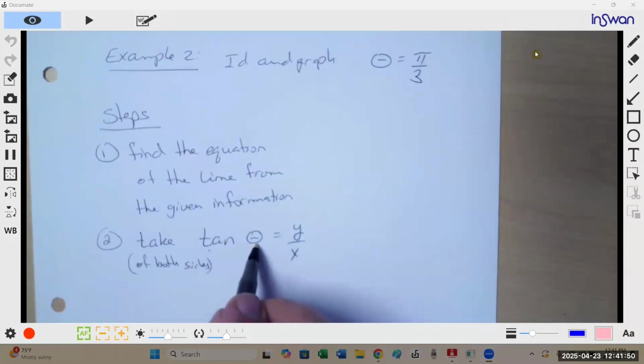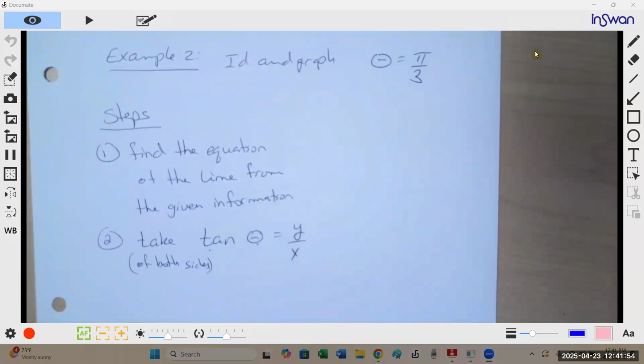But we know that tangent theta equals y over x. And then solve for y.